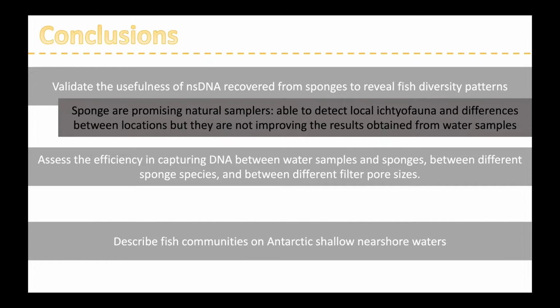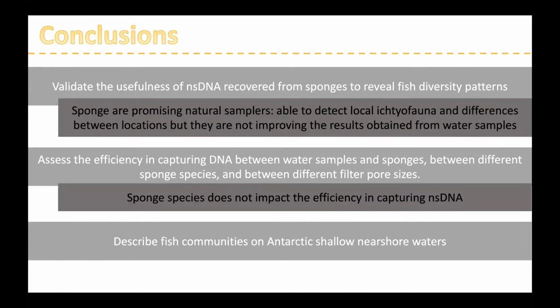Instead, we need several species of sponges with their own replicates to obtain a similar coverage. The sponge species do not impact the efficiency in capturing the DNA. So this methodology allows us to study the Antarctic fish community in shallow nearshore waters, overcoming most of the logistic constraints typical of Antarctic waters.